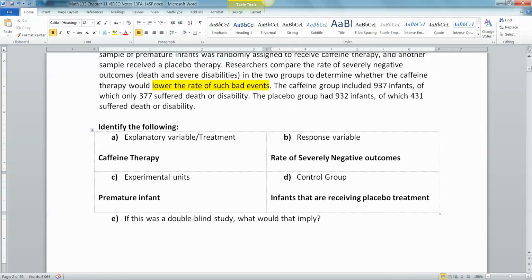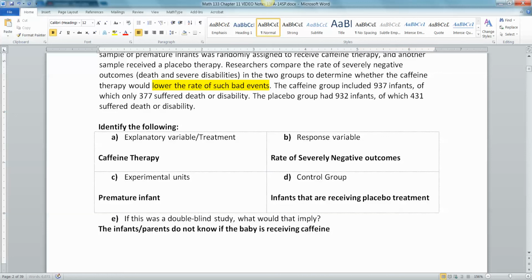Okay, so is this double blind? Well, the infants definitely have no idea, right? So the infants slash parents, because they wouldn't tell the parents either, because maybe that might affect the outcome, right? Do not know if the baby is truly receiving caffeine or placebo.